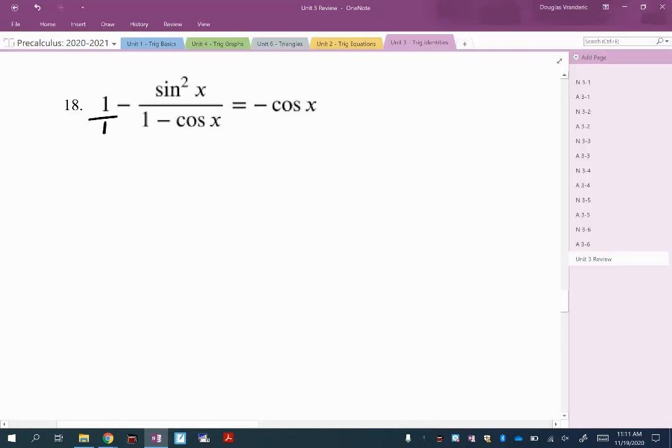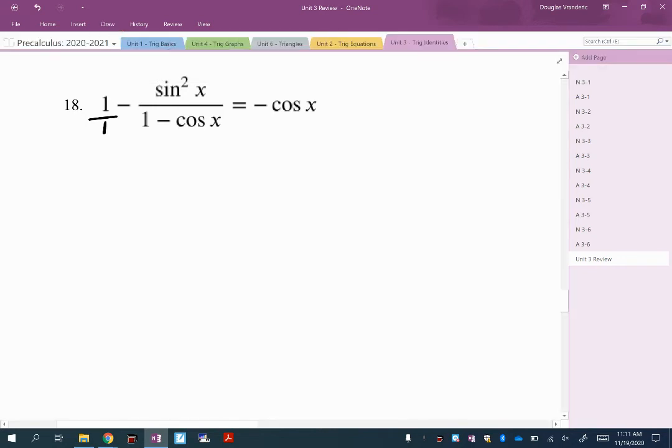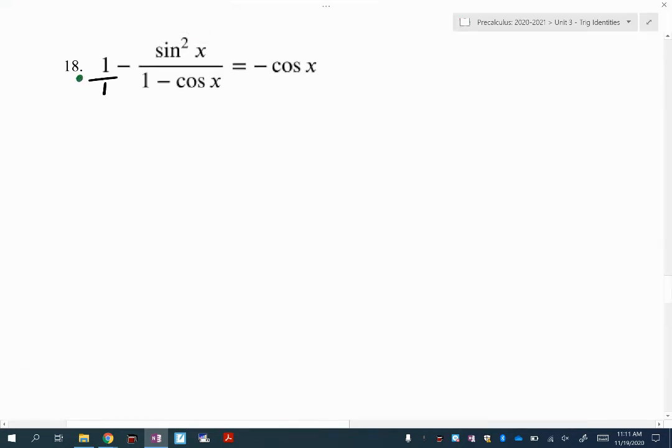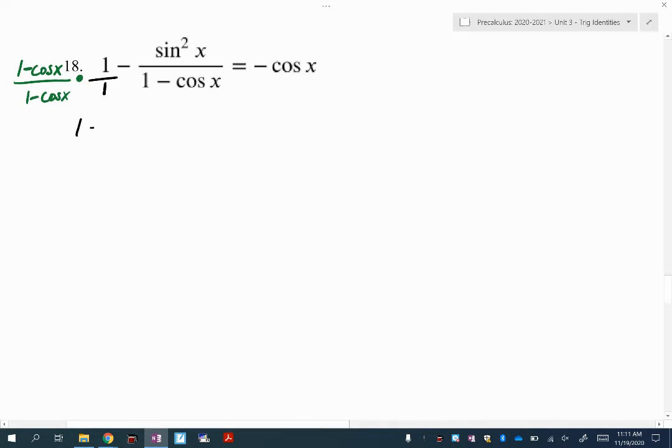So if I want to get a common denominator to end up subtracting here, I need to multiply both the top and the bottom here by 1 minus cosine x, my other denominator. So that's going to leave me with 1 minus cosine x over 1 minus cosine x minus sine squared x over 1 minus cosine x.